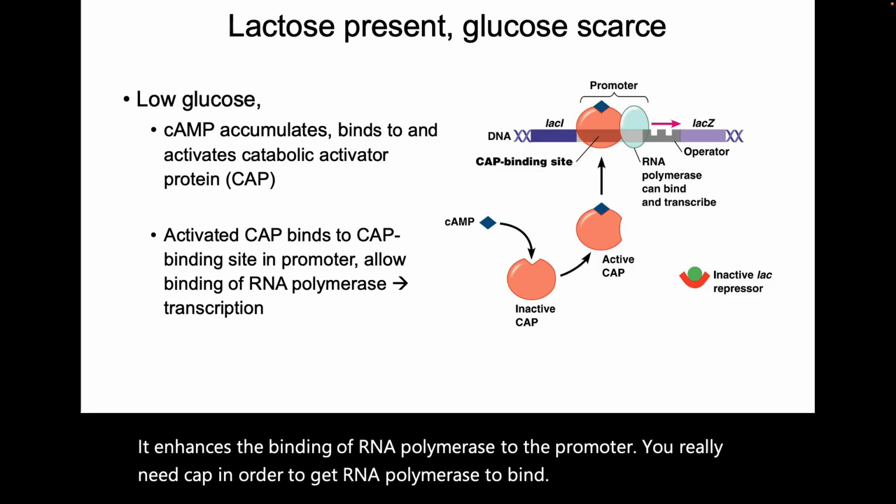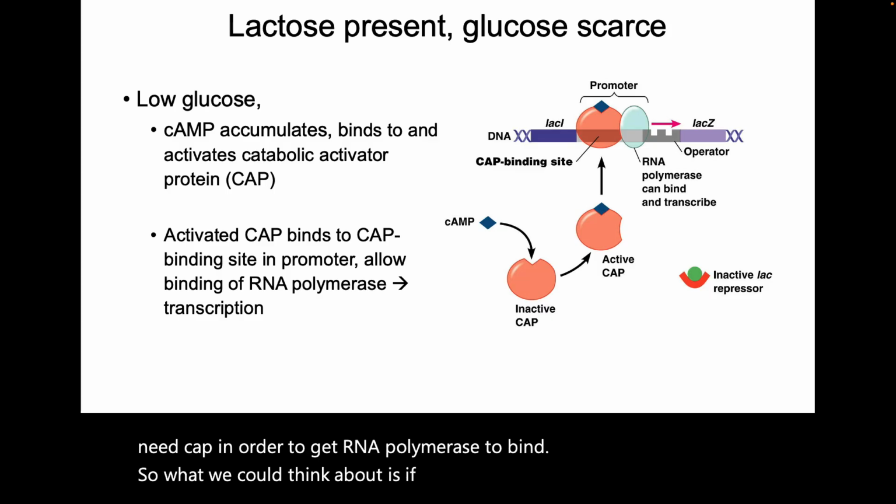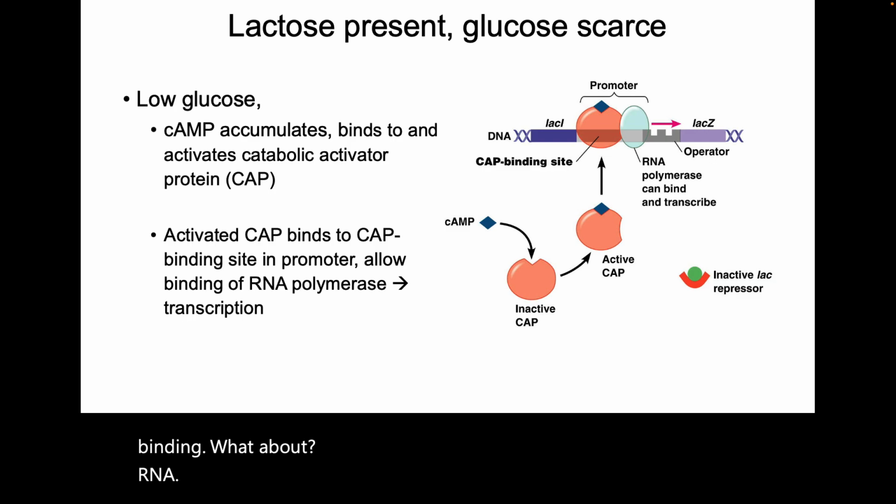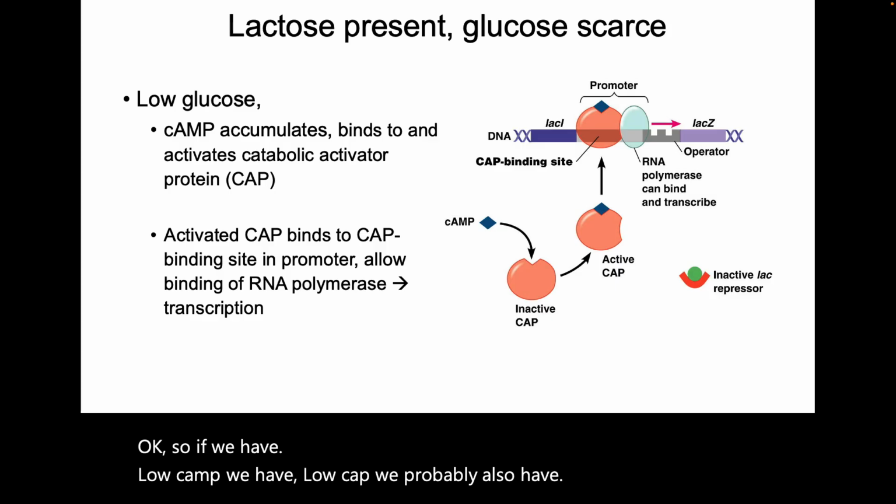So what we could think about is if we have low cyclic AMP, we have low CAP binding. What about RNA polymerase binding? If we have low CAP, we probably also have low RNA polymerase.